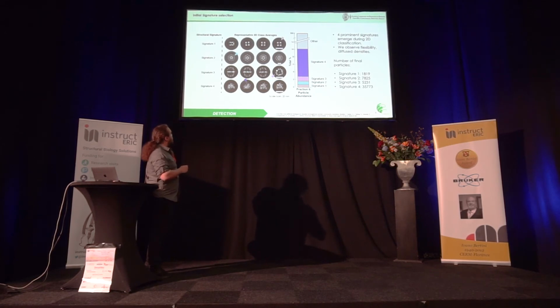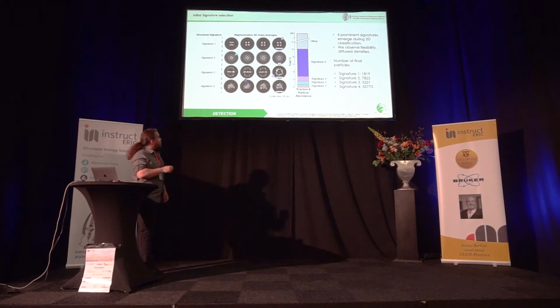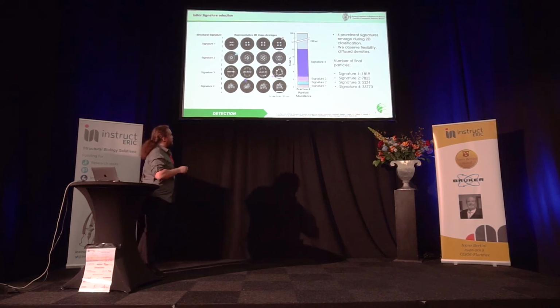We could see this cubic signature, this circular icosahedral signature with this diffuse density ring on the periphery. We could see this dihedral signature, and also this completely asymmetric signature. So we grouped similar signatures together, and then we proceeded to the next parts of the image analysis.